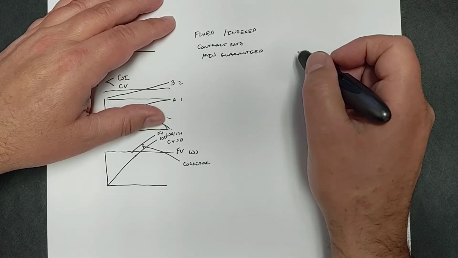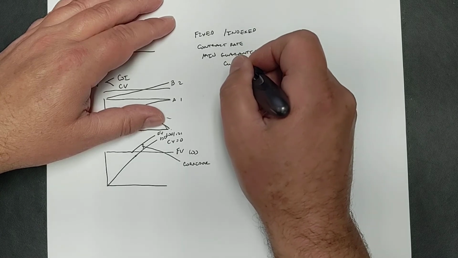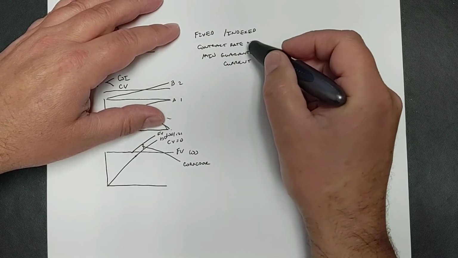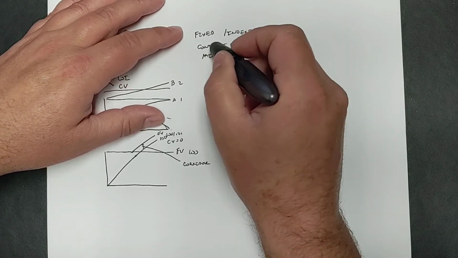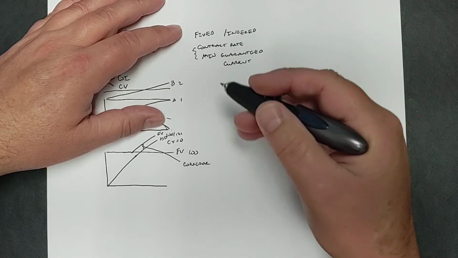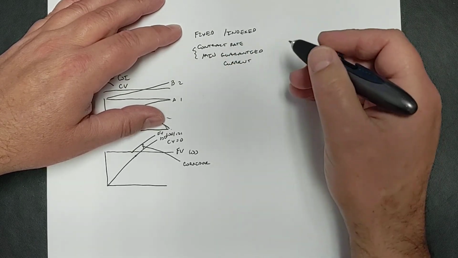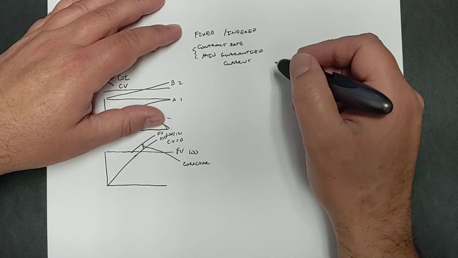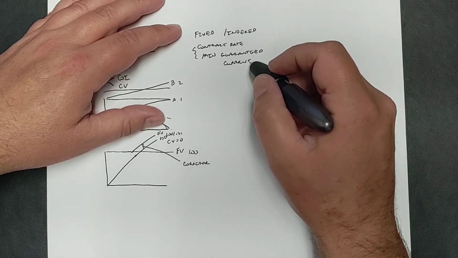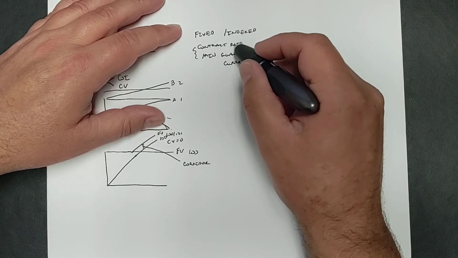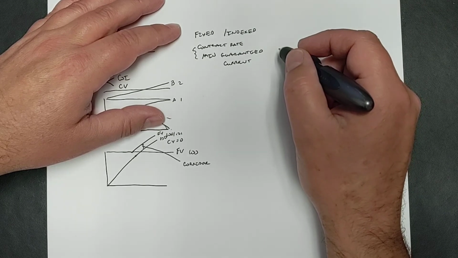The amount the client gets paid is called the current rate. So the contract rate and the minimum is the same thing. That's what it can't fall below. Current is actually what the company's giving that person that year. The current rate will always be at or above the minimum guaranteed interest rate.